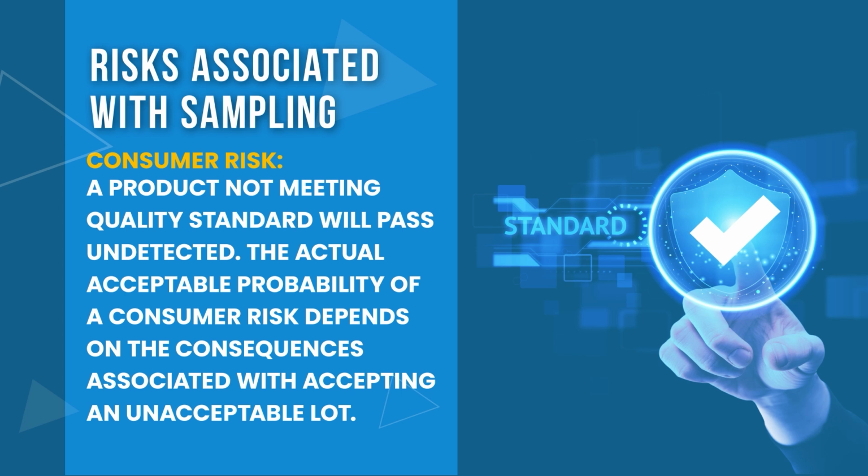From the point of view of the consumer, the consumer is getting a product which is actually unacceptable but has been accepted, so these consequences may vary from major health hazards. I mean, it can cause food poisoning, it can cause fatalities. It's very, very serious. Whereas the demand for low or no probability is there for such cases.